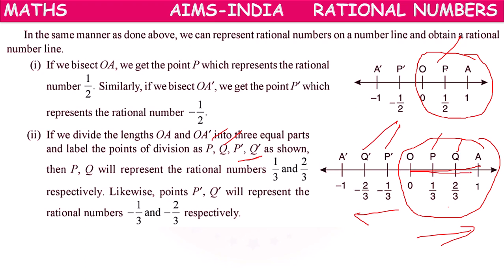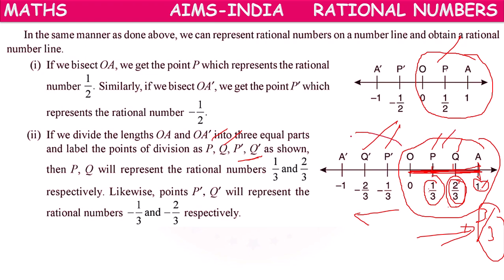Now the unit distance from 0 to 1 is divided into 3 equal parts. The first part is first out of three, 1 by 3. The second is second out of three, 2 by 3. The third is third out of three, 3 by 3, which is 1. Like that, we can represent 1 by 3, 2 by 3, 3 by 3 on the number line.